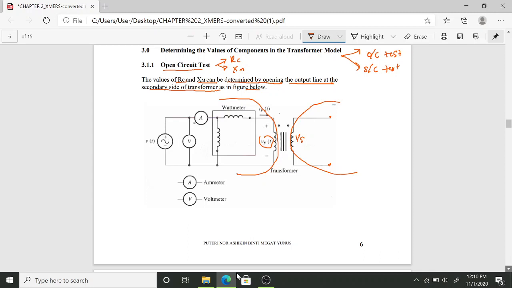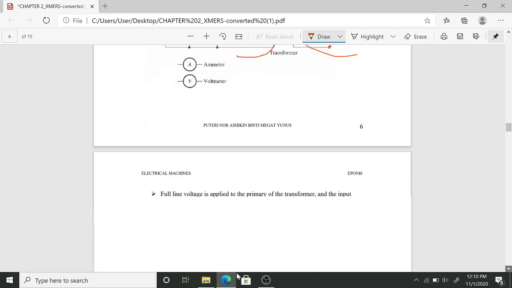However, this output line will be open. So you put the ammeter here and the voltmeter here, and then you also put the wattmeter here.